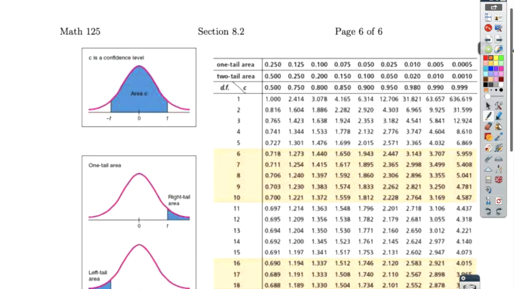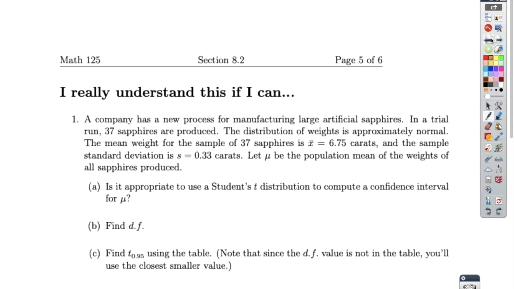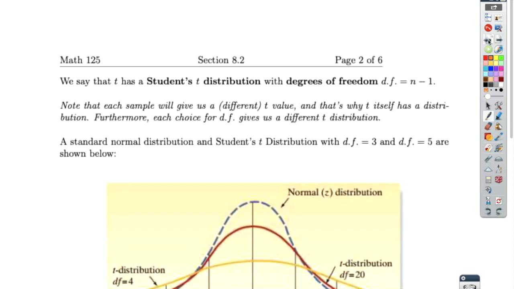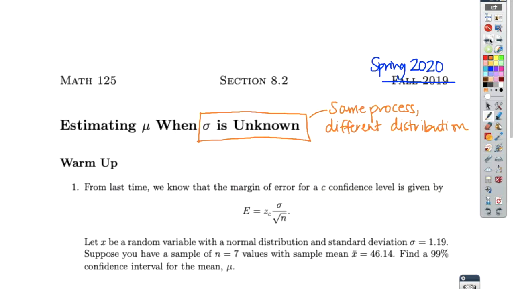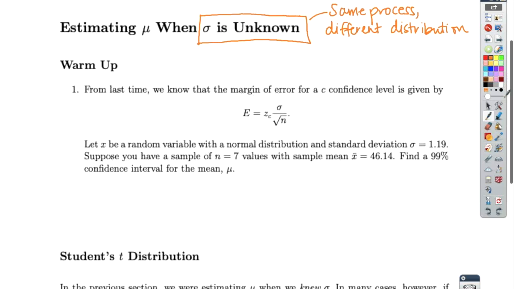But just so you know, there's a different table in the back that we're going to be using today, and you're also going to need to use that for the rest of this chapter, so you might want to mark that one somehow. It's in your formula sheet as well, so you don't have to rely solely on that one. Okay, so let's start with a little warm-up.